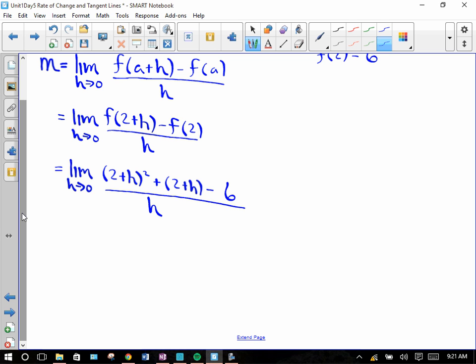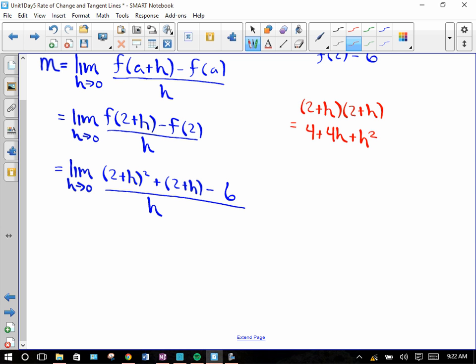Now, I like to do this next part off to the side, that way I have it nice and neat. 2 plus h squared means I have to expand that. So 2 plus h squared is 2 plus h times 2 plus h, which is equal to 4 plus 4h plus h squared.